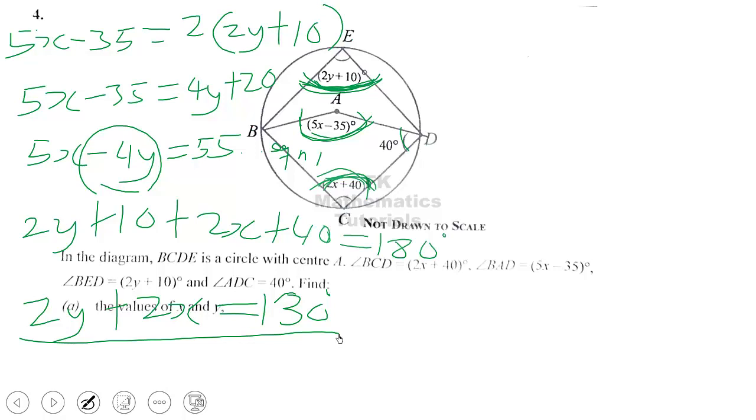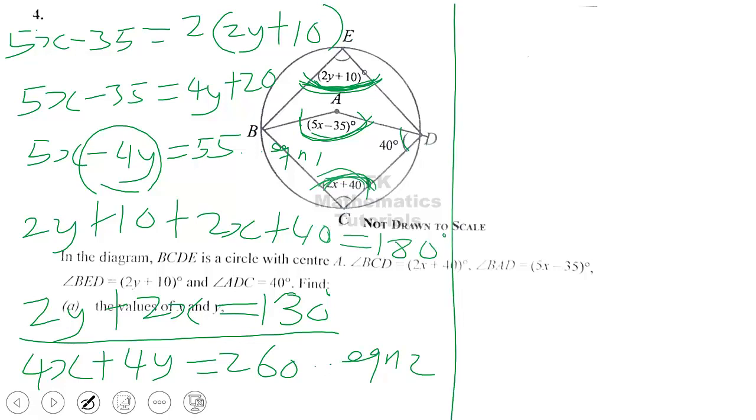I'm starting with the x term so that it will be in order. 2 times 2x is 4x, and 2 times 2y will be plus 4y, and 2 times 130 is 260. This is equation 2. Now I can add equation 2 and equation 1 so that the y terms will be eliminated.